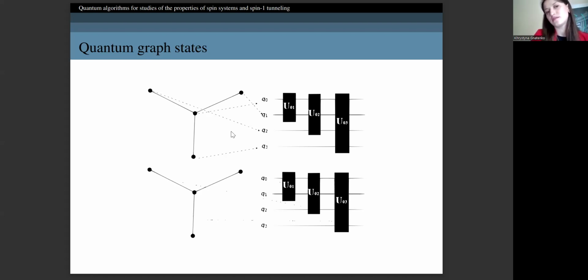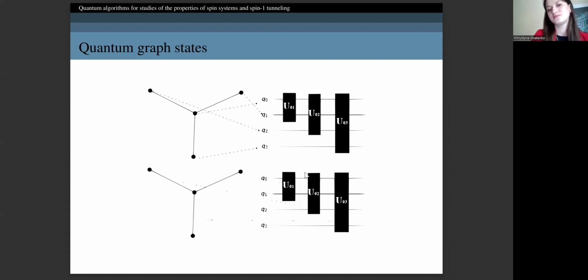So if you have a graph with 4 nodes, you have a 4-qubit system. Then the link between these nodes can be represented with 2-qubit gates or interaction in this system.